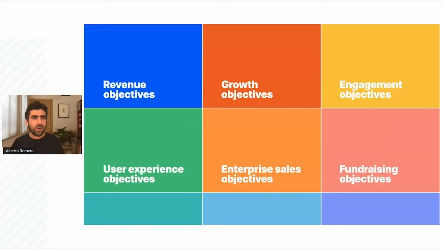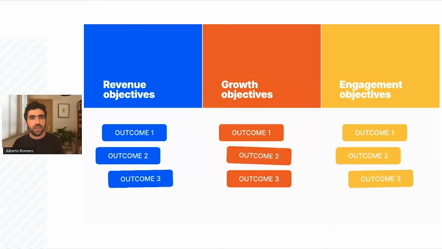So probably your company strategic plan for the year or for the next quarter looks something like this, with different objectives buckets. We're just going to use the first three ones as our example. And maybe each one of them has several other sub goals, but let's stick with this for simplicity.